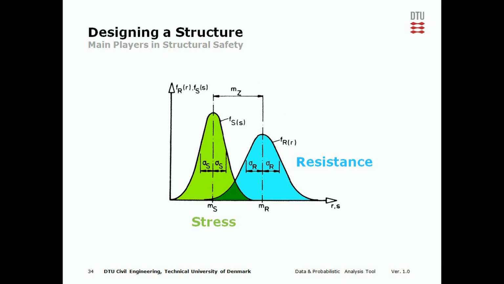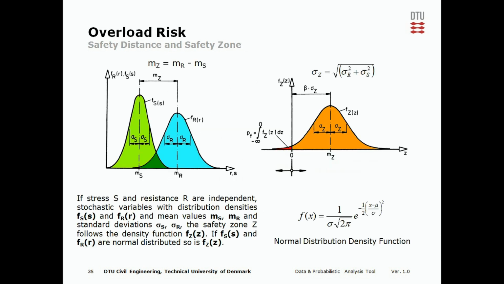On the other side, we have the loading as a stochastic variable, which is inducing stress in our structure. For design purposes, we would like to have the resistance in our structure much larger than the stress which is created by the loading. The further these two are away from each other, the higher is, so to say, the safety in our structure.